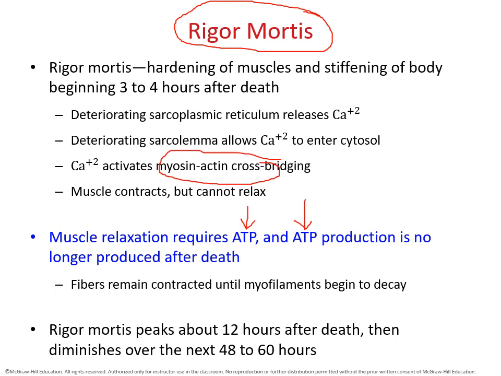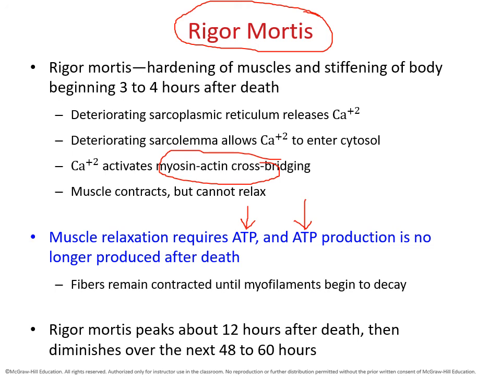Now, this is not a permanent condition. Usually around 12 hours after death, the rigor mortis will peak, meaning it will be at maximum for most of your muscles, and then it will slowly start to diminish because the actual fibers, so like your thin and your thick filaments, will start to deteriorate, and they will naturally get rid of the cross bridge because they're falling apart.